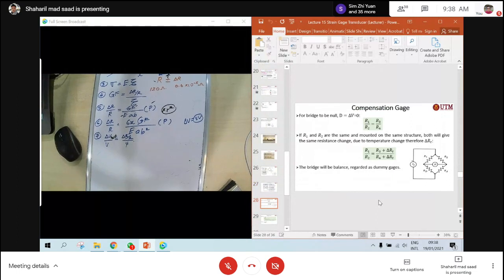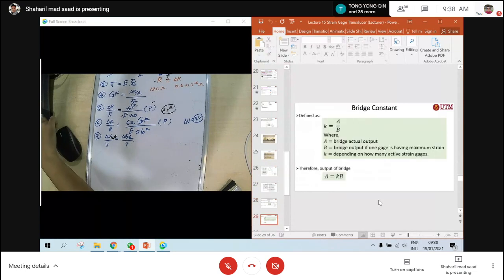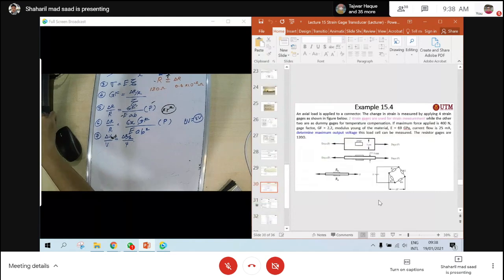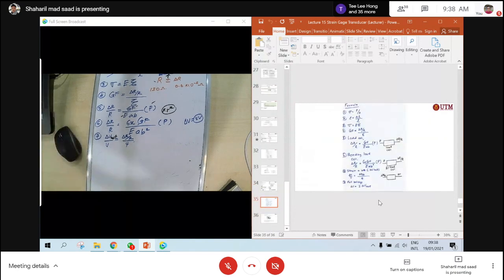That means there are two active strain gauges there. So the formula will be, there will be a constant A equal to KB. I really like to write it like this. Okay, so formula number 8.